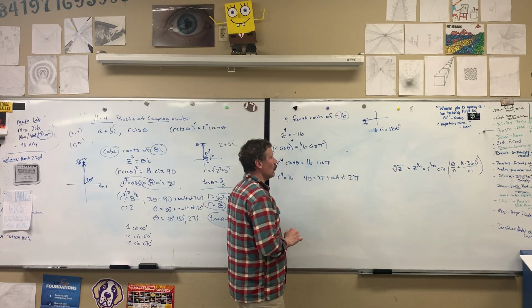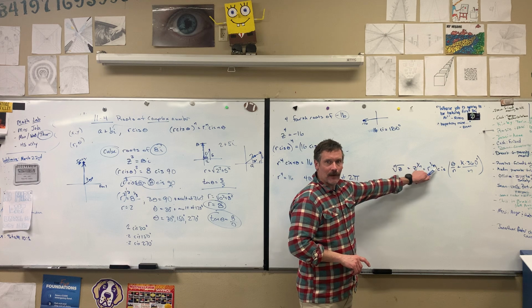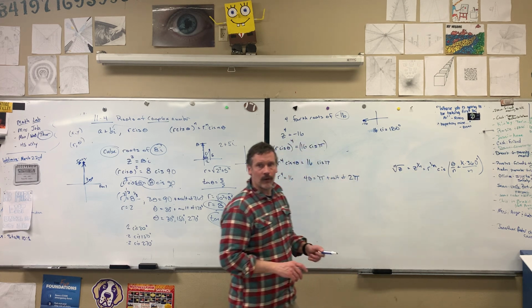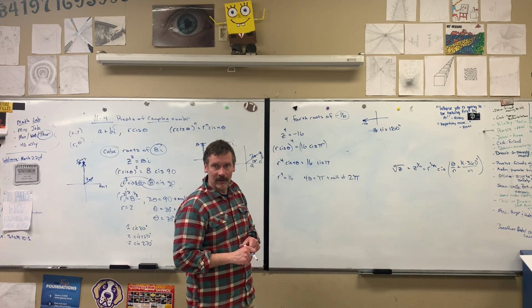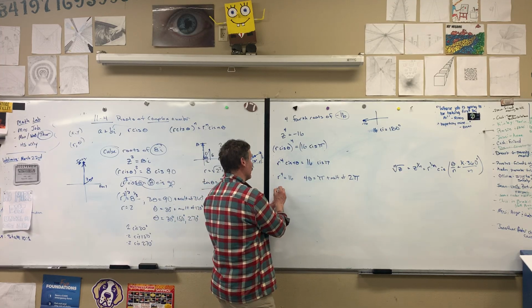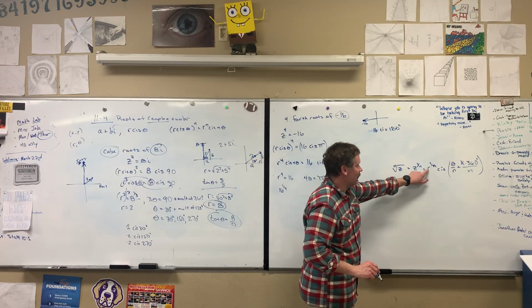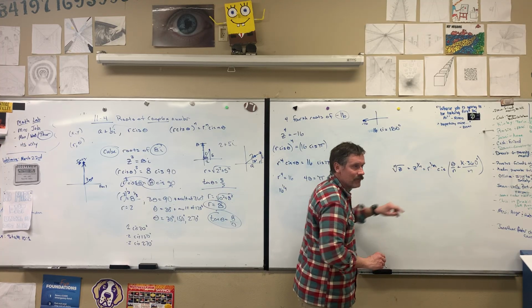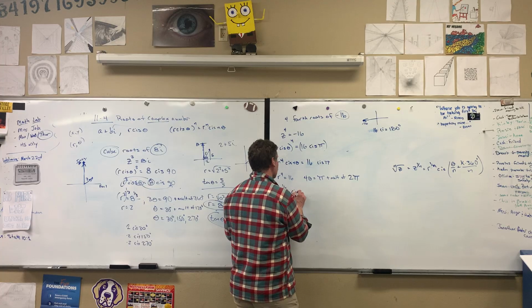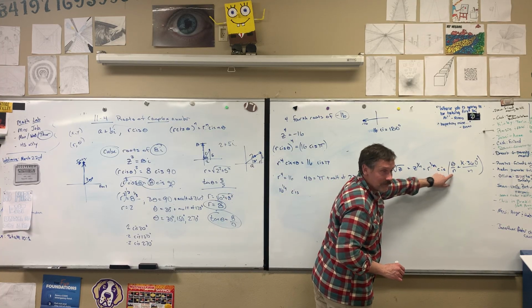Okay? So this is where the formula is, where it's like r to the 1 over n, and we're looking for the fourth roots. So that's why you could say 16 to the 1/4. That's what the 16 to the 1/4 would come from. And then cis, and then this is theta over 4, because it's the fourth roots.